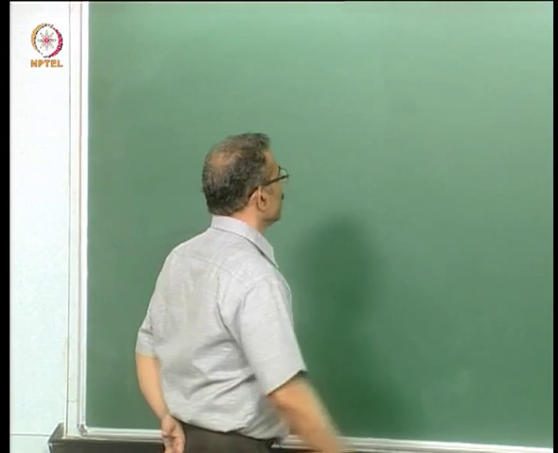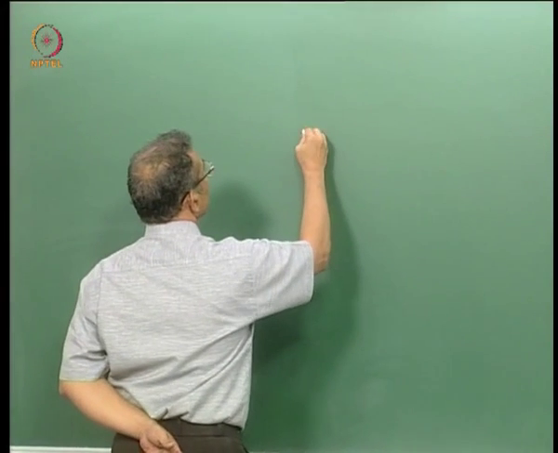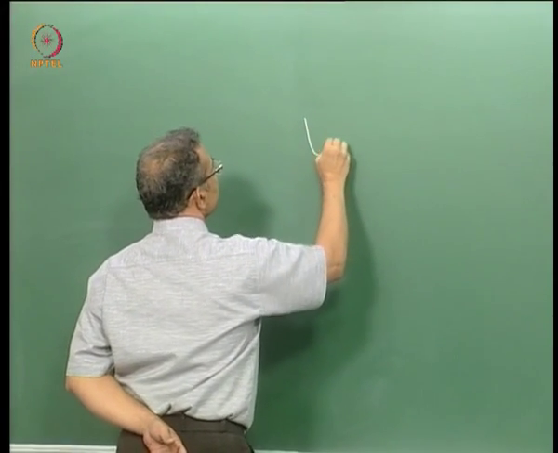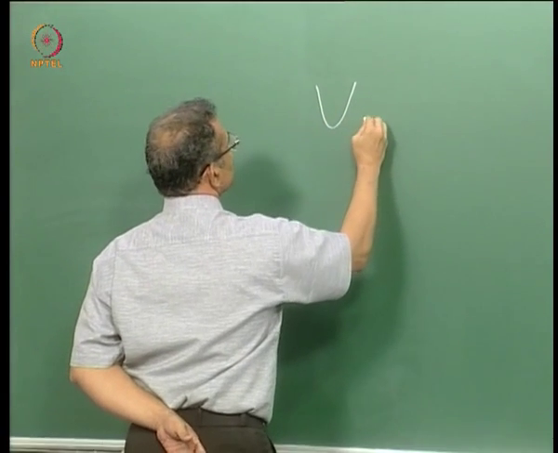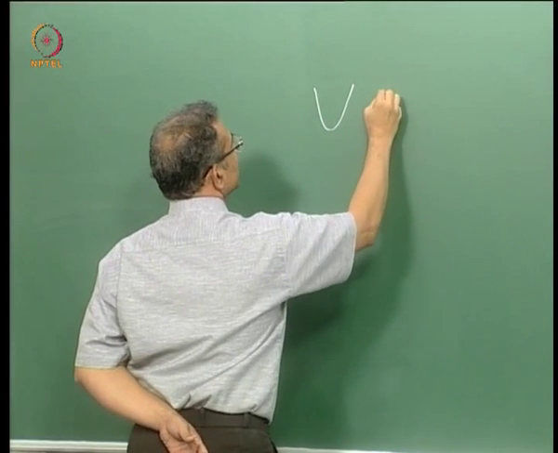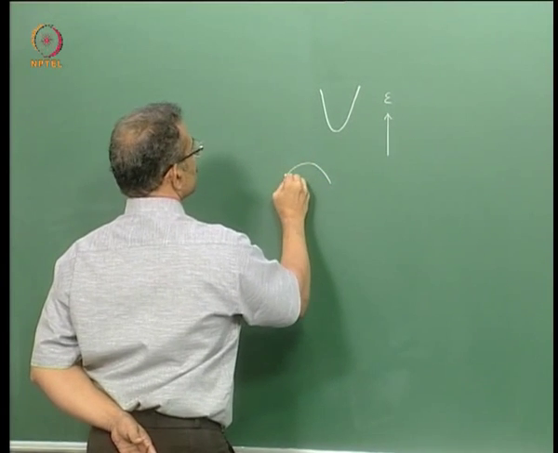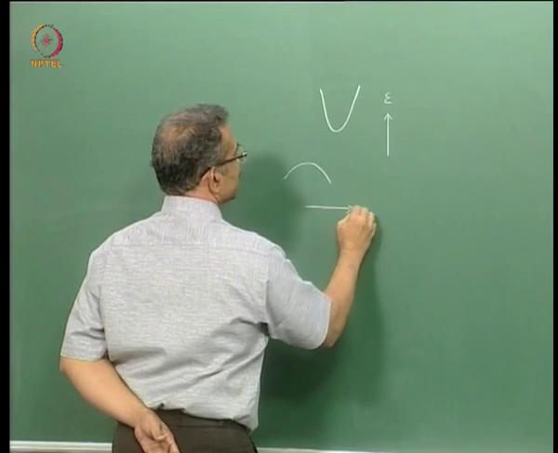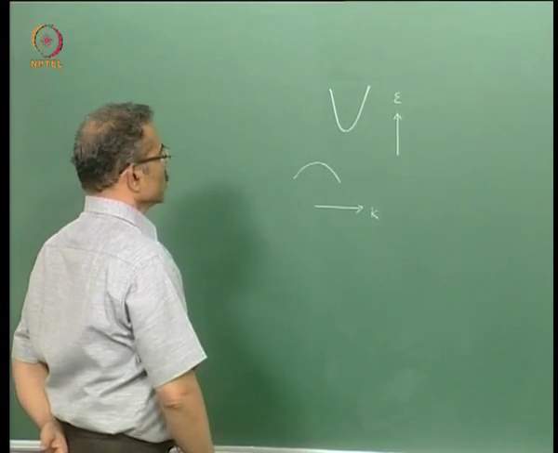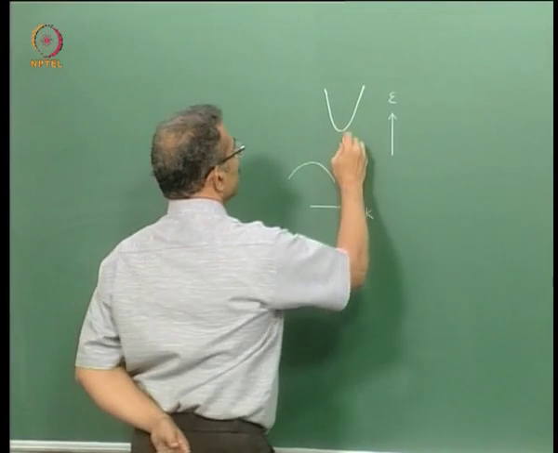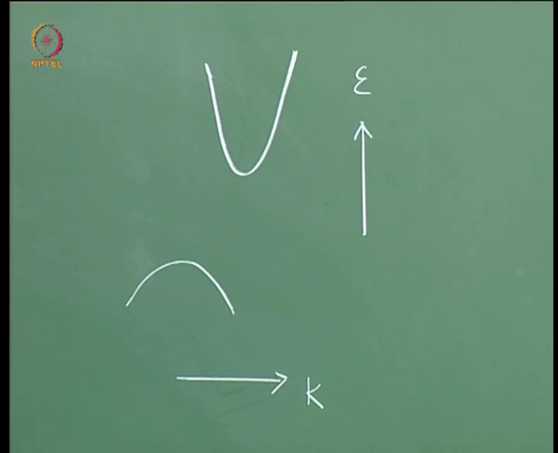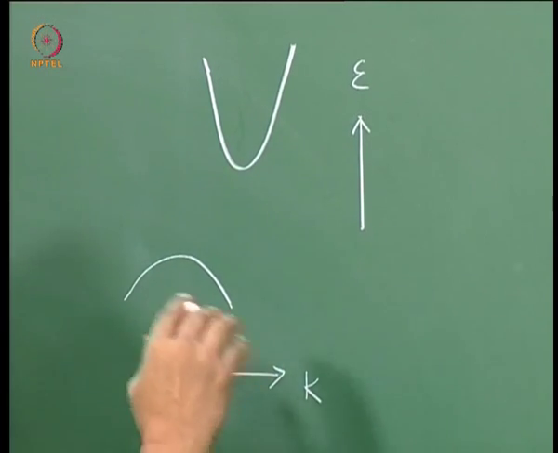Let us show the recombination phenomena. So this vertical axis is E and the horizontal axis is K. So this is the Ek diagram. Let us show the recombination phenomena assuming a uniform semiconductor.